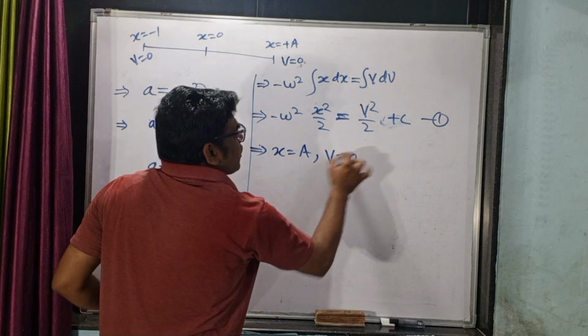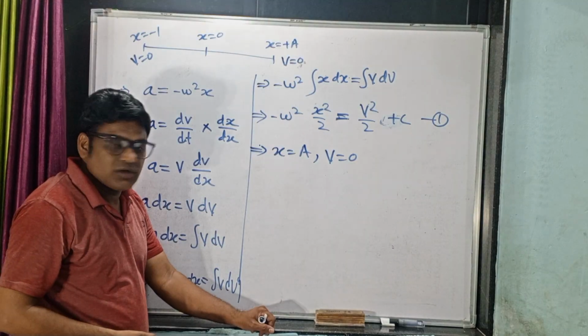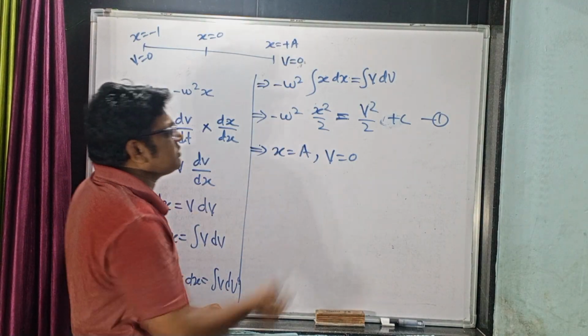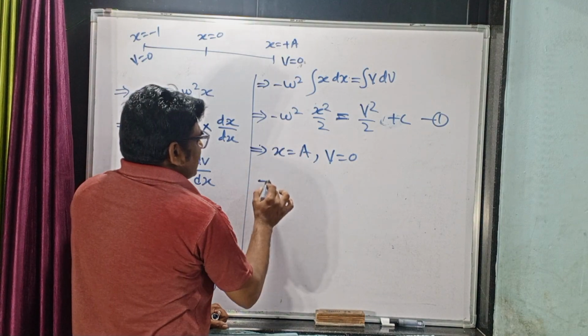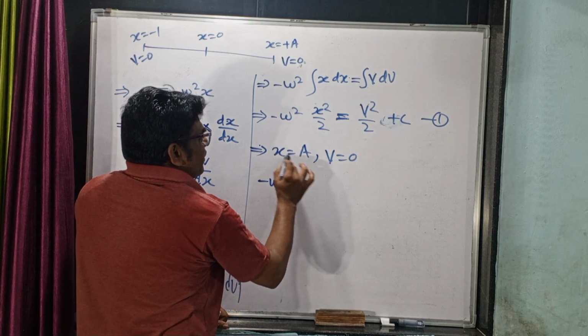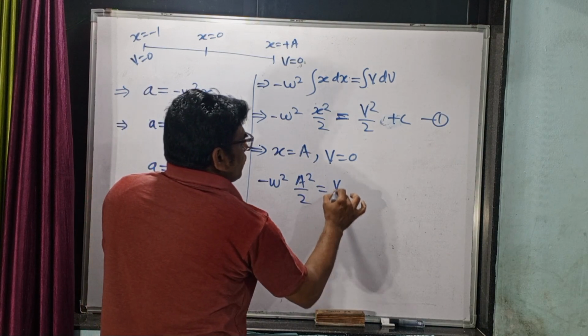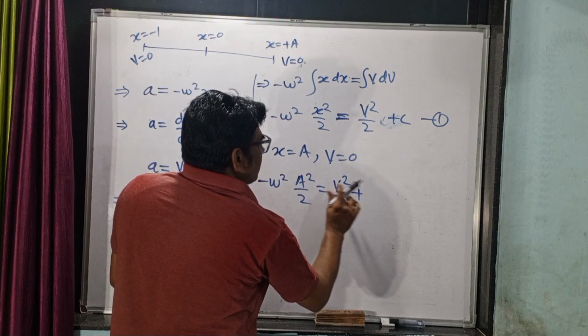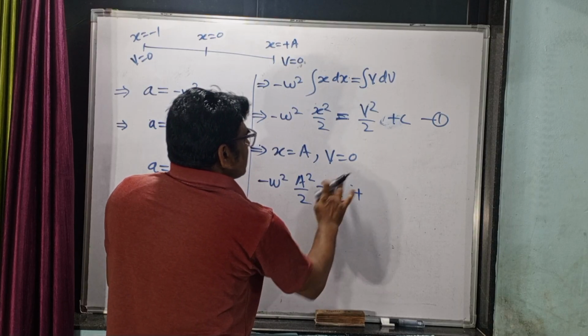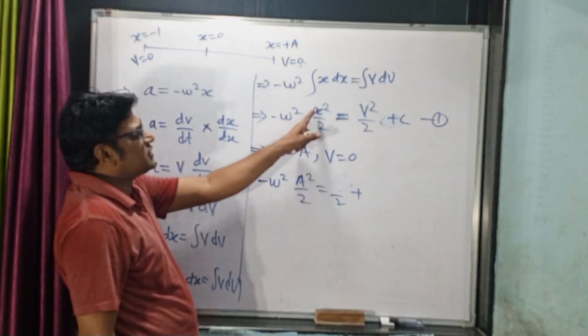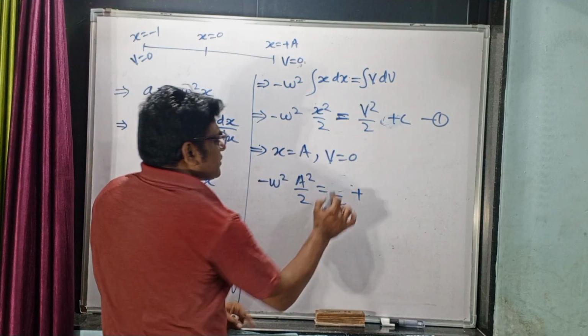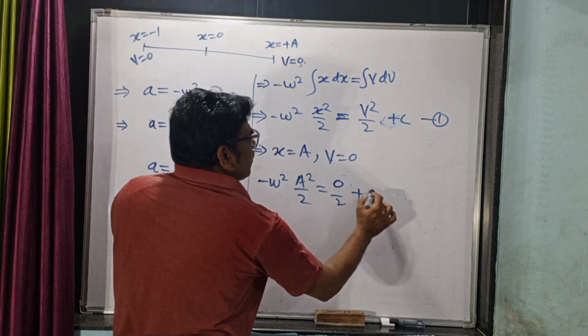So at x is equal to a, velocity is surely 0. Correct or not? Let us put these values in equation 1. So minus omega square into a square by 2 is equal to v square by 2, where velocity is 0 at this place, so 0 square is 0, plus c.